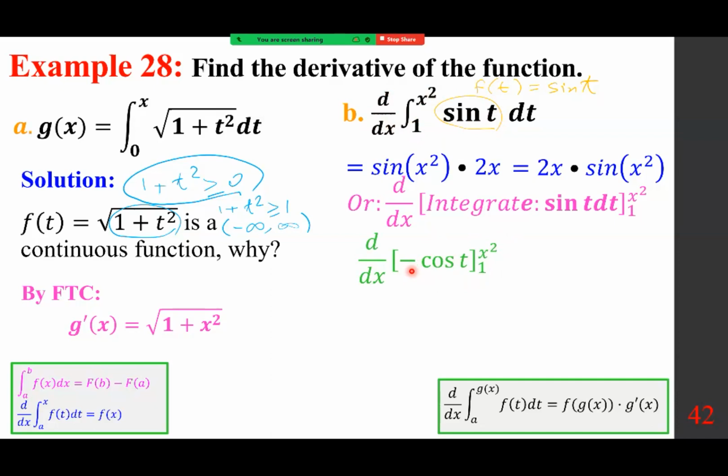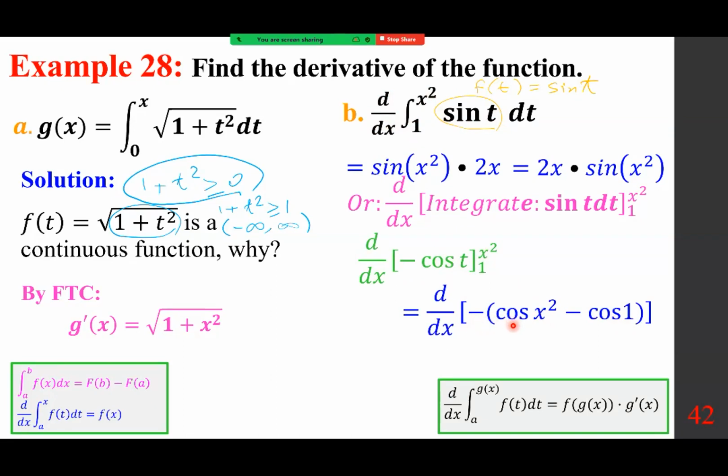So never mind the negative. I'm going to put the x squared in, minus 1 in. So notice this negative sign, I'm going to keep it. Cosine of the top, x squared, minus cosine of the bottom one. So I want to differentiate this. So I have minus, if I want to differentiate that, minus.